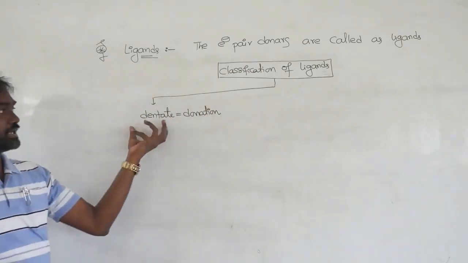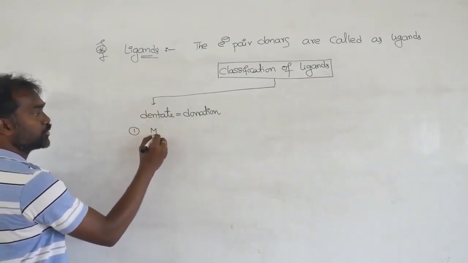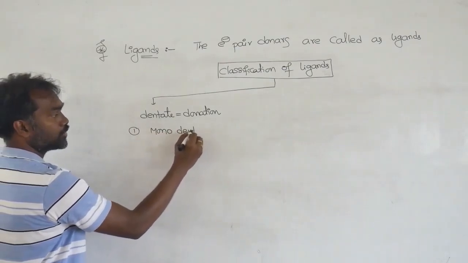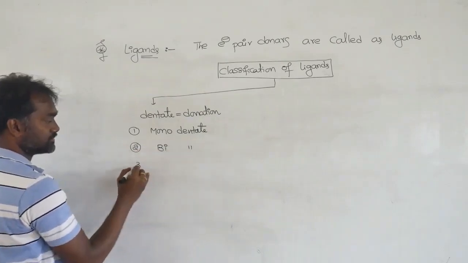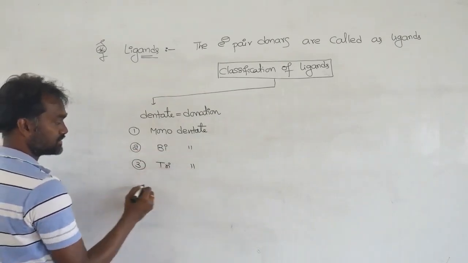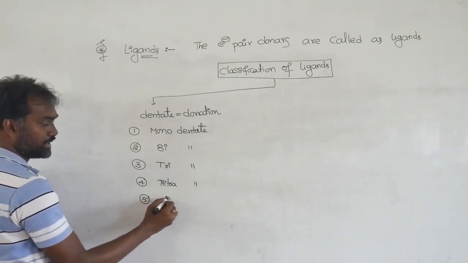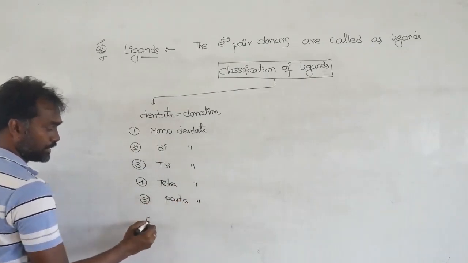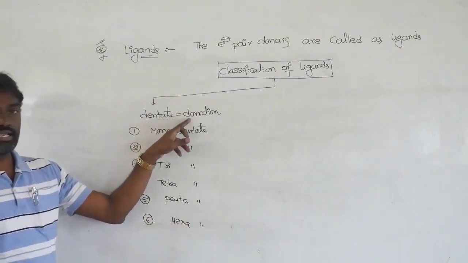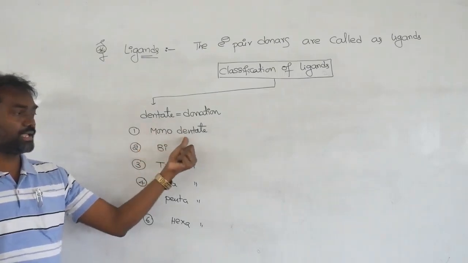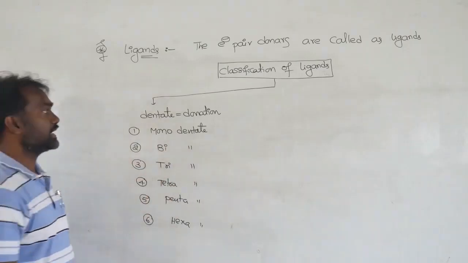Based on donation, if one lone pair is donated, that is called monodentate ligands. Next, bidentate, tridentate, tetradentate, pentadentate, hexadentate. Up to 6 are more famous. Monodentate ligand means one lone pair is donated, bidentate ligand means 2 lone pairs are donated.